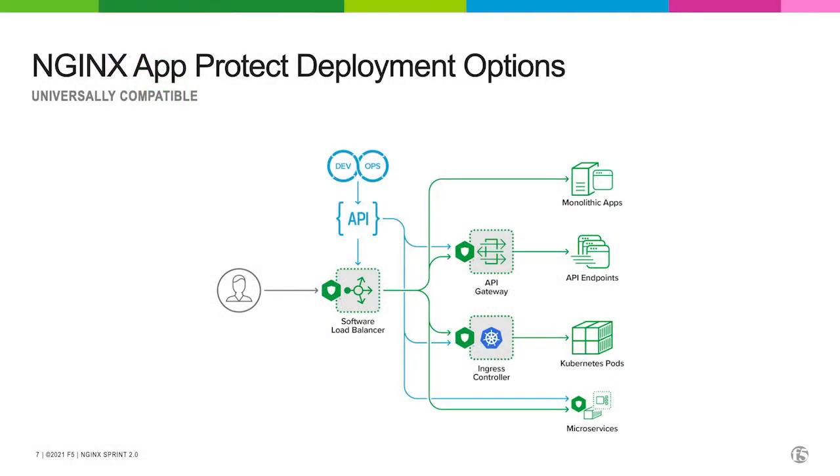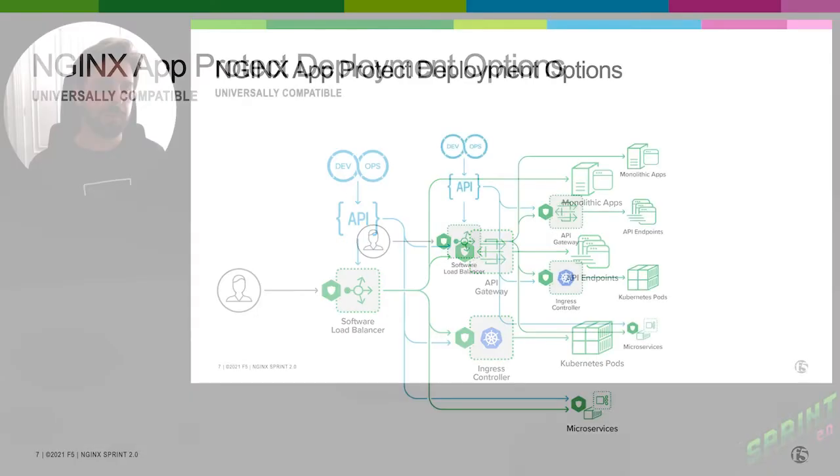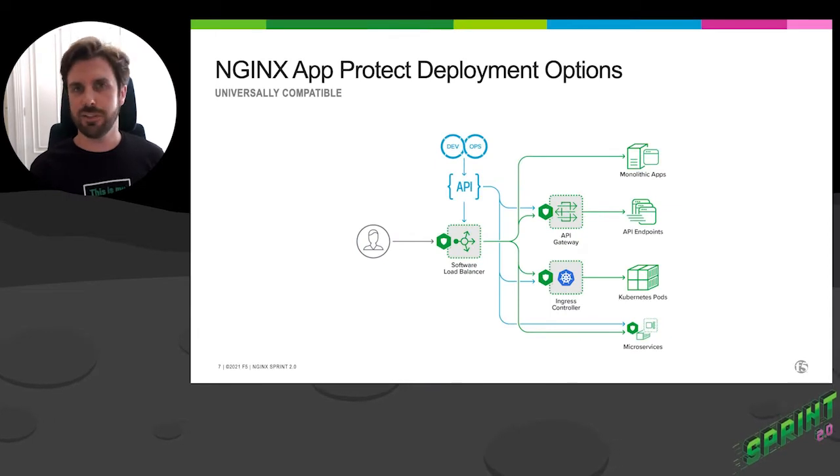To further illustrate this point, let me show you this diagram here. Basically, NGINX App Protect can be deployed anywhere. It is universally compatible, and wherever NGINX can run, if it's a somewhat newish distribution, you will also be able to run NGINX App Protect.